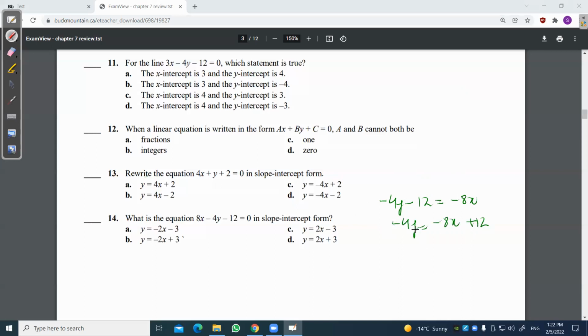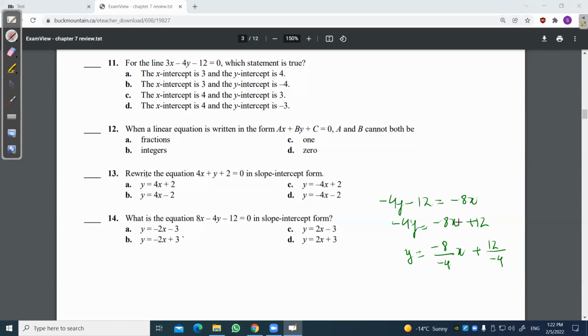What's the next step? Because we have minus 4y, we just want a y on this side, so we need to get rid of the minus 4. You divide both sides by minus 4. So y equals, and you can do them individually, negative 8 over negative 4x plus 12 over negative 4.